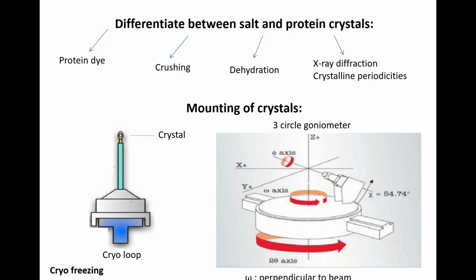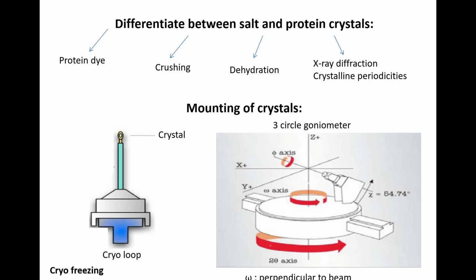You need to visualize them under a microscope. So from the microscope you take a cryo loop, and with the help of surface tension and something known as mother liquor, in which your crystal is stable, right? You take some mother liquor and you take that crystal in and mount it in a goniometer.